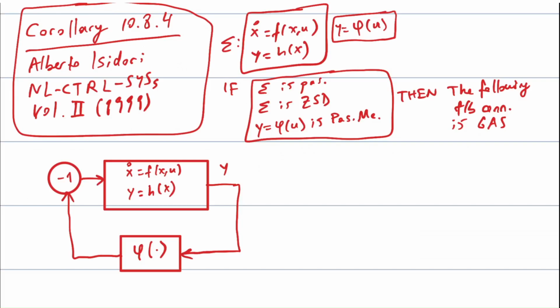This negative feedback connection is globally asymptotically stable. This is the whole theorem, and this is going to be very useful for us.